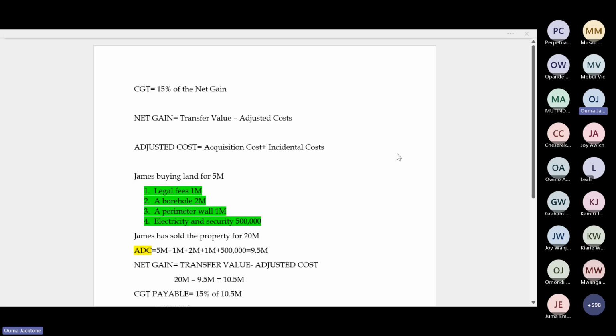It has been a topic for some time that all digital lenders, those that offer lending services online, must be licensed. The Central Bank of Kenya has made sure that you must apply for a license to be able to operate a digital lending system.